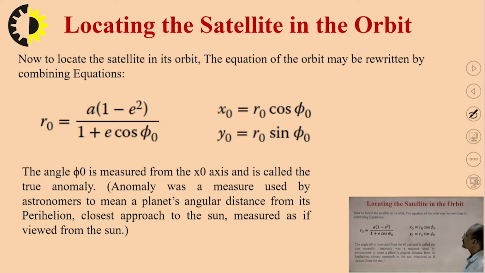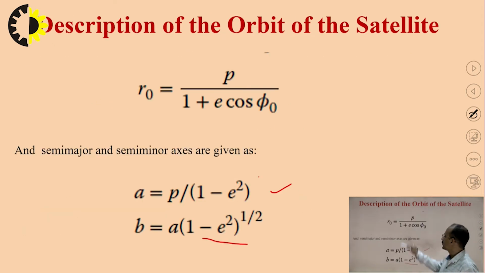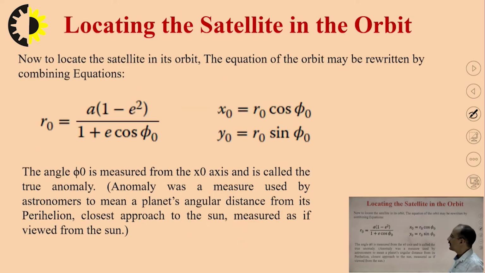Now, to locate the satellite in its orbit, the equation of the orbit may be rewritten by combining both equations. When you combine these equations, we get x naught is equal to r naught cos phi naught, and y naught is equal to r naught sin phi naught.